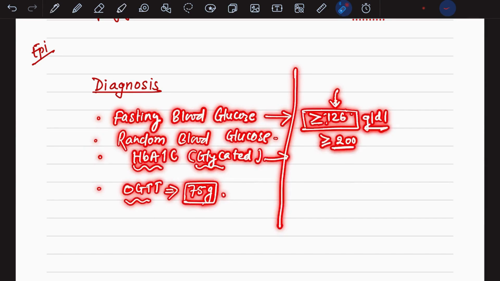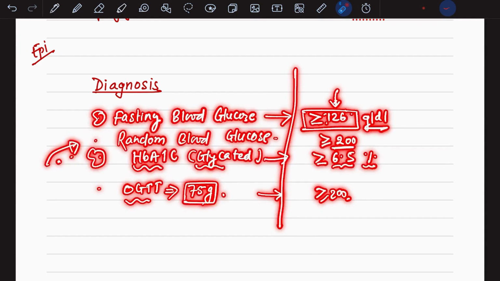If HbA1c is equal to or greater than 6.5 percent, then it is diabetes. And if the OGTT is greater than or equal to 200, then it's diabetes. If random blood glucose once came 200 or more, then we need not repeat the test, whereas fasting, glycated hemoglobin and the OGTT tests should be repeated to confirm it. But random blood glucose, if it's in that range, it's diabetes.